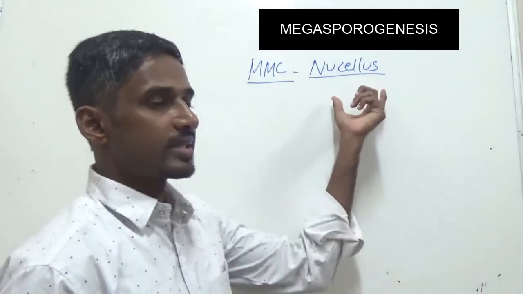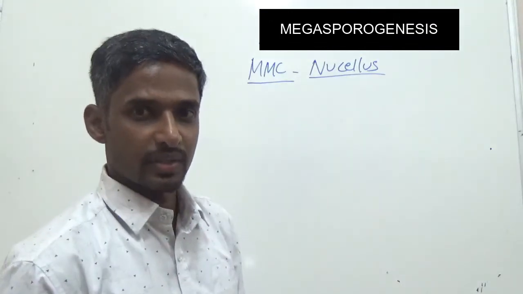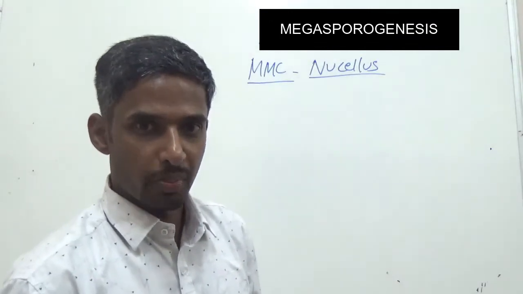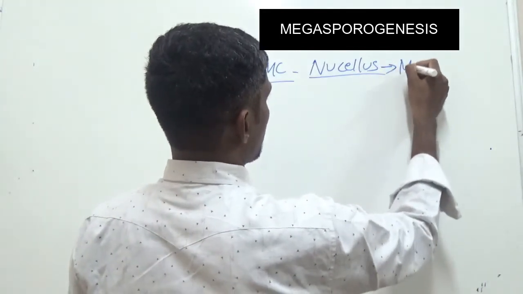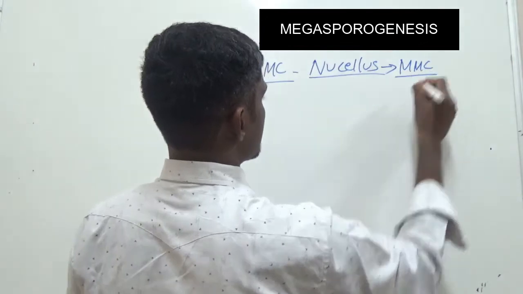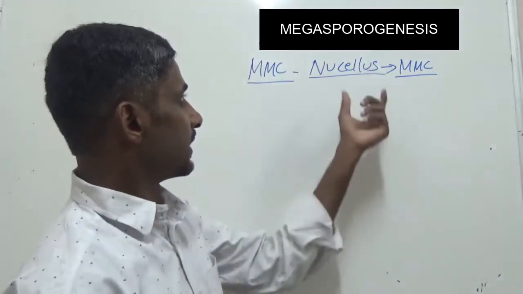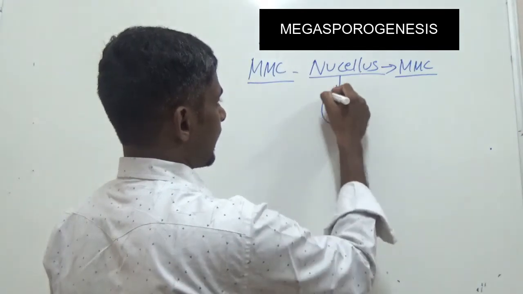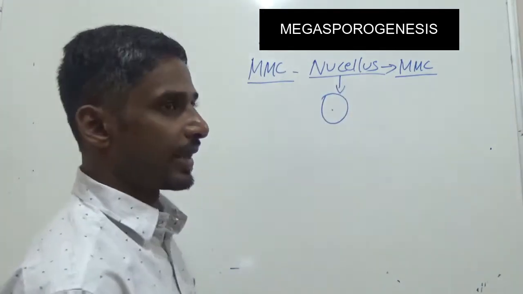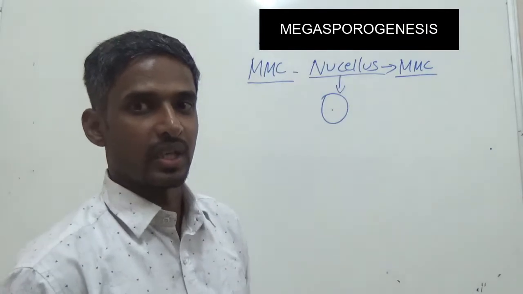Now one of the cells of this nucellus, which is towards the micropyle, will get converted into megaspore mother cell. That means this particular cell becomes larger with dense cytoplasm and then it gets differentiated.